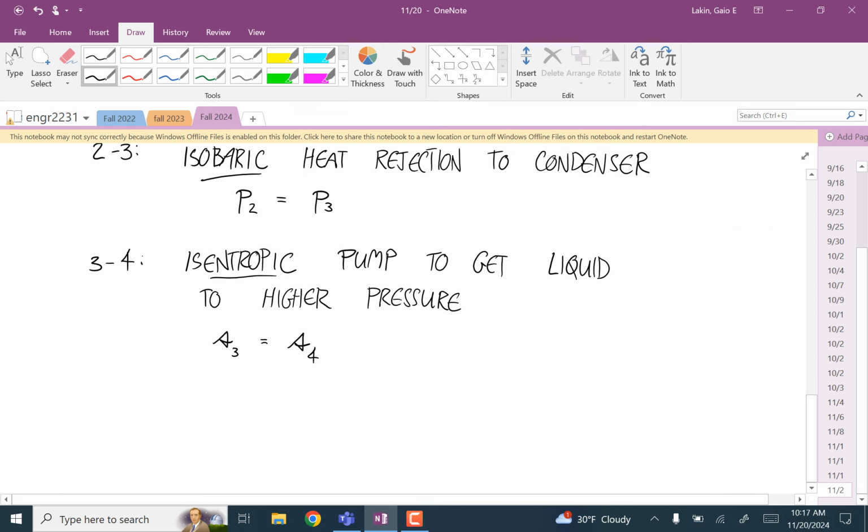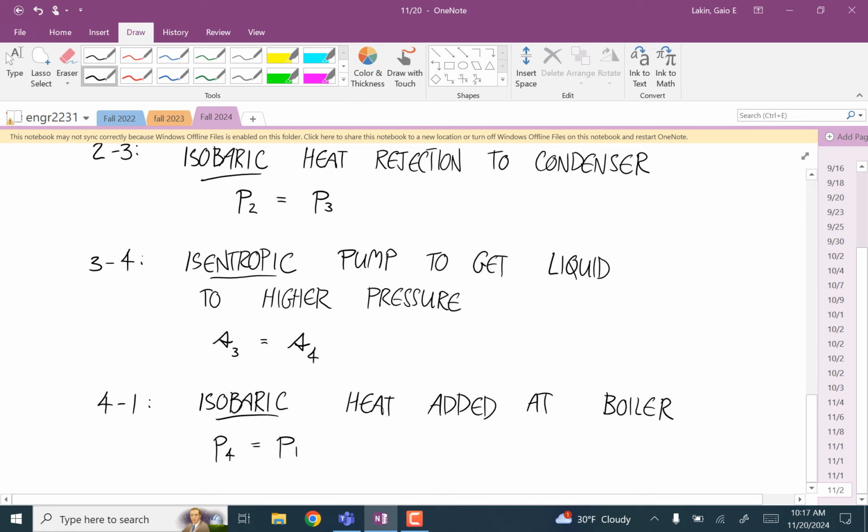And then finally, to finish the cycle, we go from state 4 to state 1, and this is another isobaric process where heat is added at the boiler. And so the pressure at state 4 is equal to the pressure at state 1.